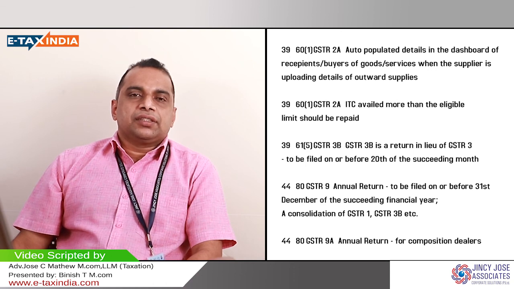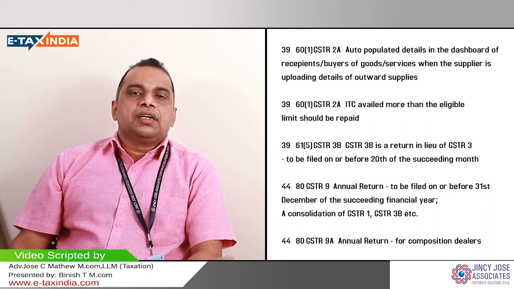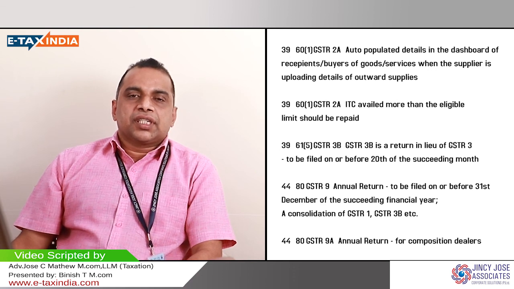These are special cases, and persons who are collecting tax at source and persons who are deducting tax at source. In both cases, different returns are to be filed. Those are special persons. These are the returns related with GST, and I think this explanation will be enough, and I hope you people understood.